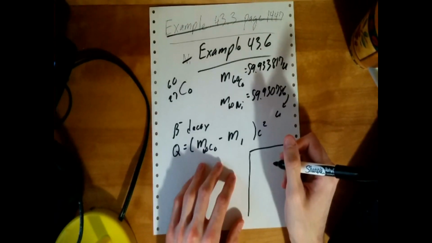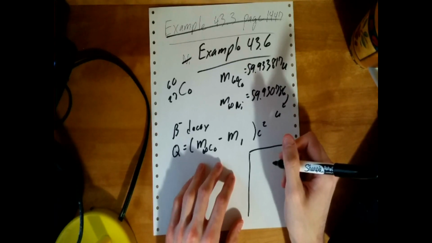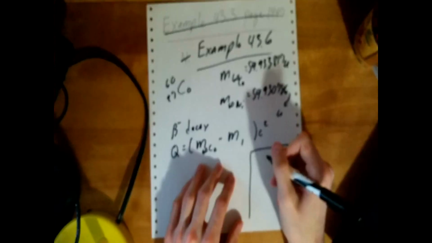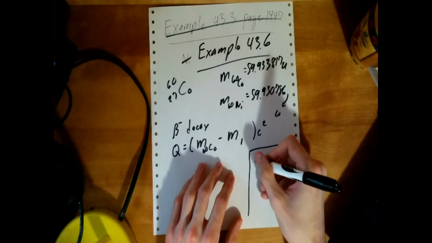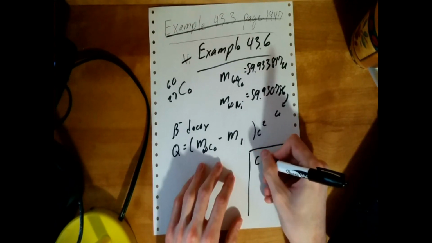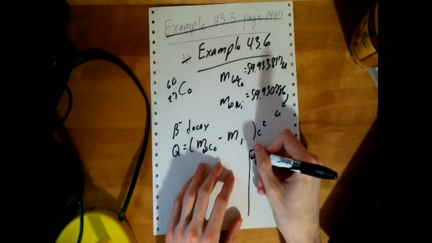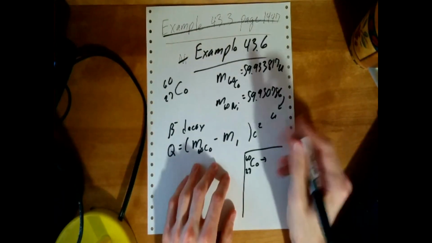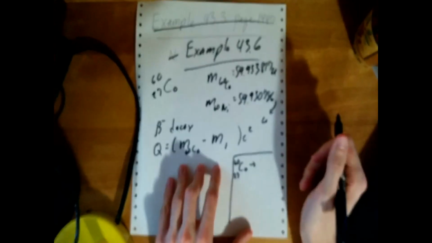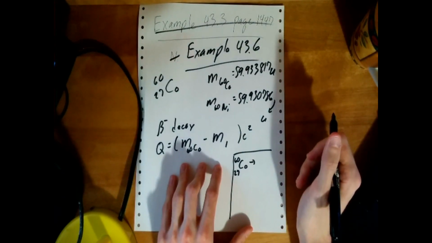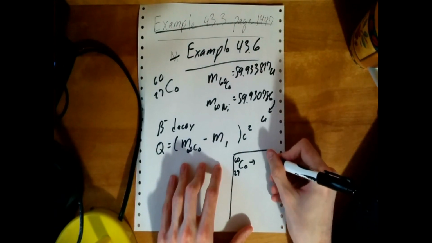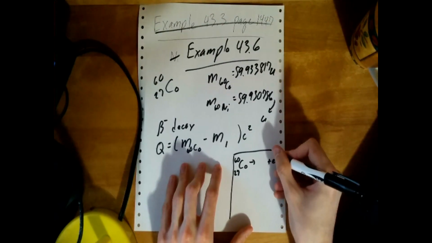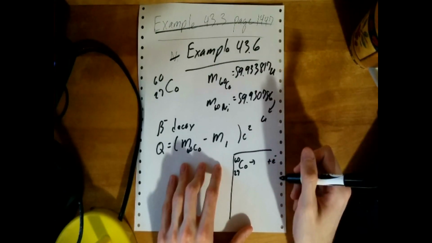So in order to find the result of a given decay, we'll have to use what we know it does to its number of protons and nucleons. So in a beta minus decay, if we start with a given element, here we have cobalt 60, and we forget about the antineutrino, we know that we have to eject an electron.